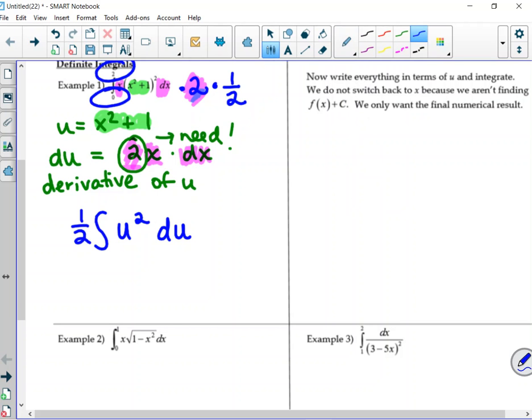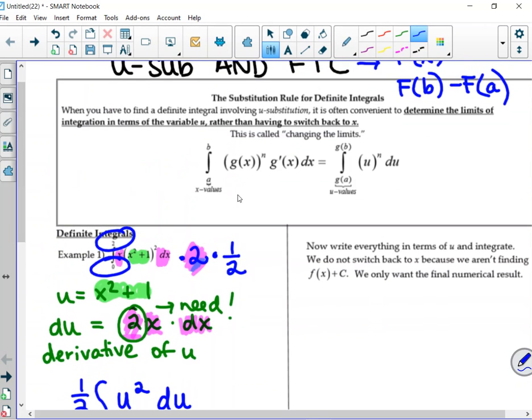Now, the extra substitution portion. This integral has 0 and 2 for a and b. That 0 and that 2 are part of the integral when it was an x integral, so these are x values.